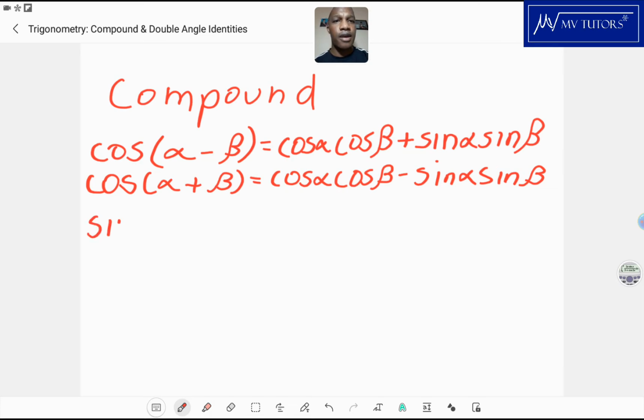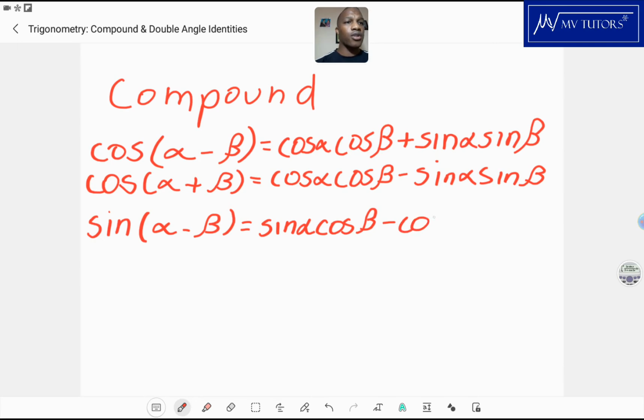Let's deal with the sine now. Sine alpha minus beta is equal to sine alpha cos beta. Now the sign changes from negative to negative again, so it doesn't change, it stays as it is for sine. And then this side you are going to have cos alpha sine beta. As you can see, it changes with what you start in.